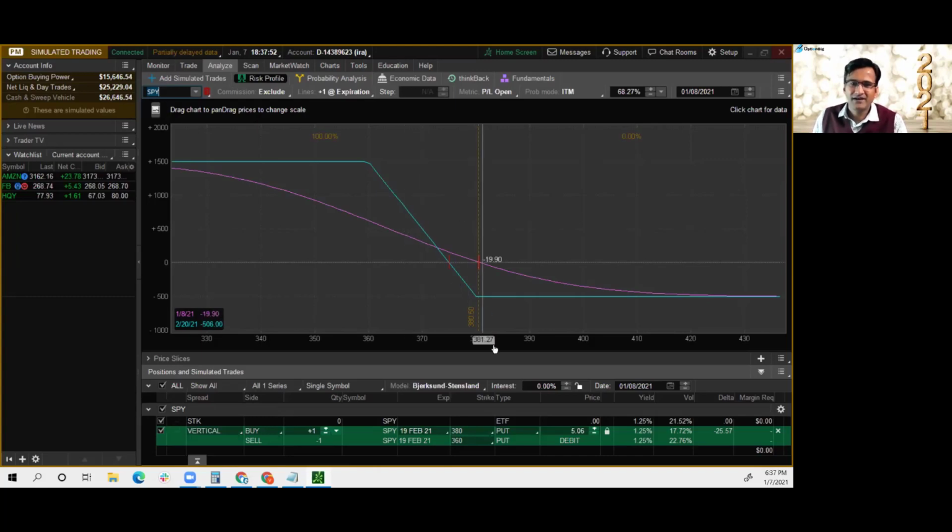But in this example, I bought this protection on a put at 380. If it goes down below 380, I am protected all the way till 360. If it falls below 360, I don't have any further protection. I have protection all the way down to 360.